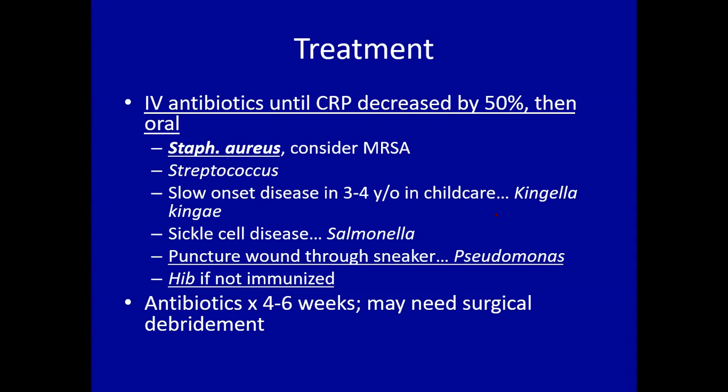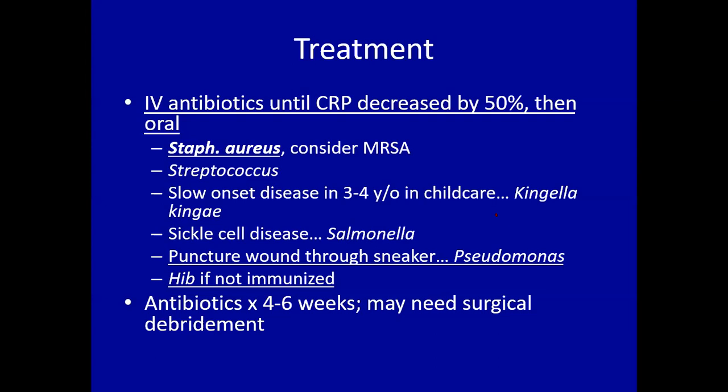Common problematic bacteria are Staph aureus, Streptococcus, Kingella kingae in young kids that are in childcare settings. Slow onset of this disease, so that's something to keep in the back of our mind. Also, people with sickle cell disease, for whatever reason, are really more prone to Salmonella. At one time, I knew why that was, and now I don't recall.